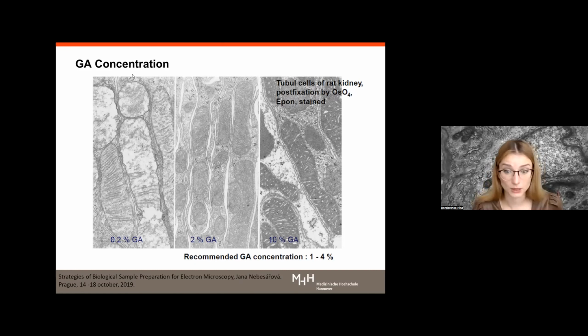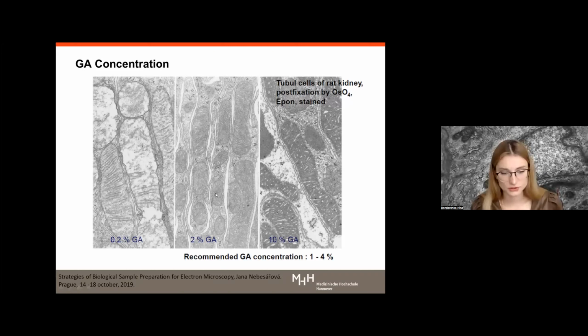As I told, we have primary and secondary fixation, like glutaraldehyde and osmium tetroxide, but usually we use a combination of these fixative liquids. Factors that affect the quality of fixation are concentration and length of fixation, temperature of fixation, pH, and osmolarity of the fixation solution, purity of aldehyde fixative, tissue type, method, and rate of fixative penetration.